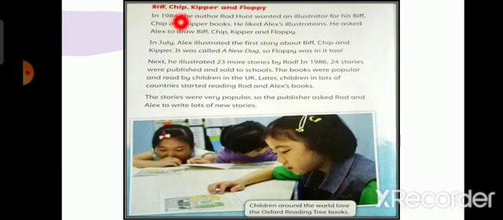Biff, Chip, Kipper, and Floppy. In 1984, the author Roderick Hunt wanted an illustrator for his Biff, Chip, and Kipper books. What do you mean by author? Author is a writer of a book or a piece of writing.